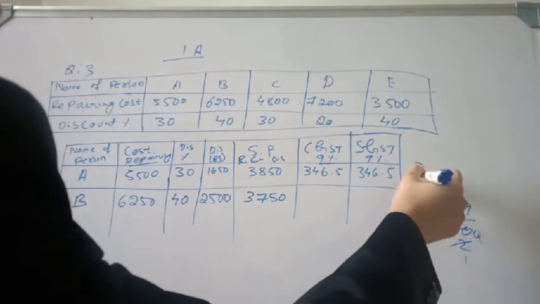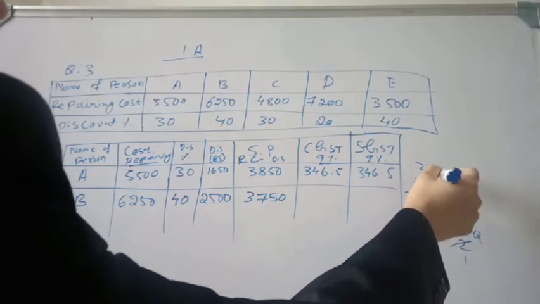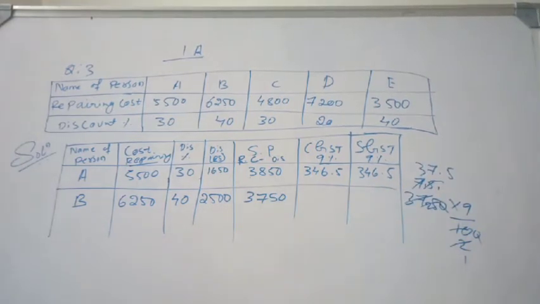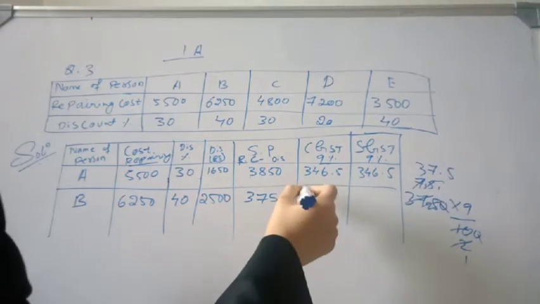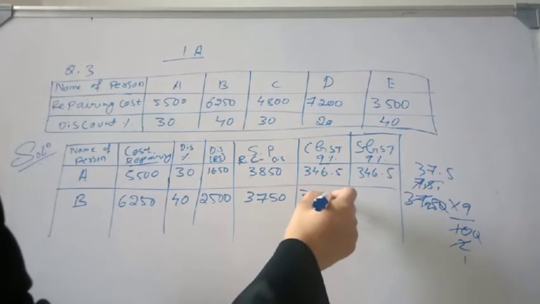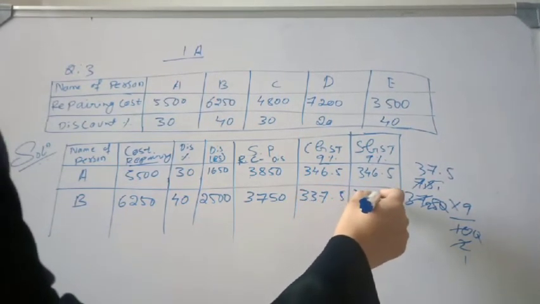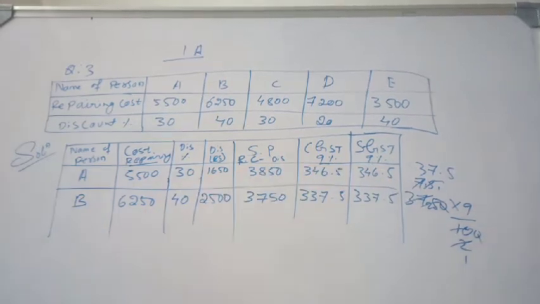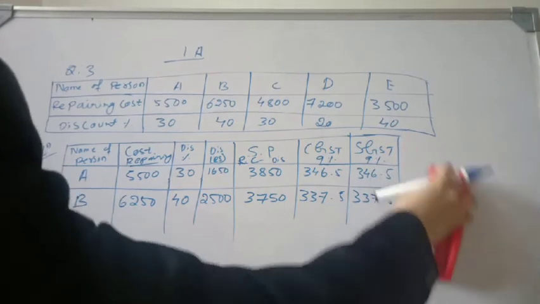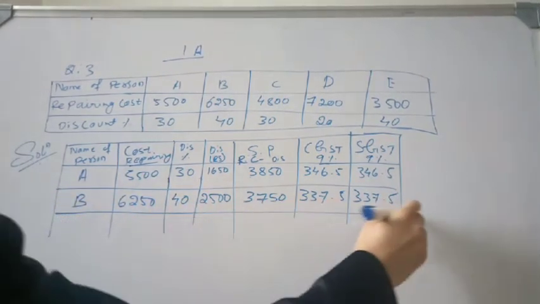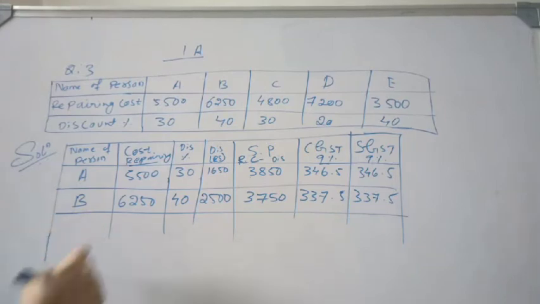Multiply this and you will get the CGST amount and SGST amount. If you have any doubt, please comment. So CGST comes 337.50 paisa and SGST also the same, 337.50 paisa. Now come to the next person.